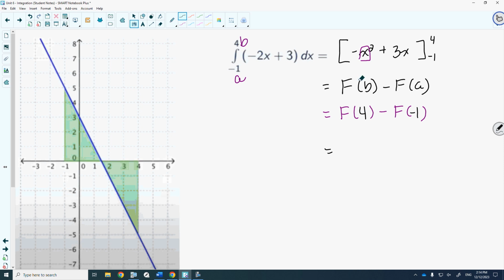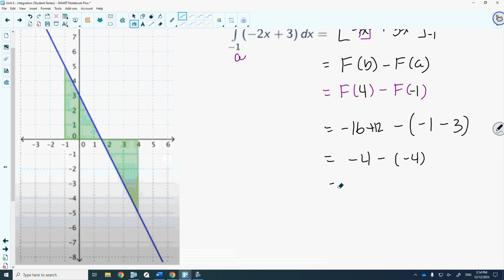Okay, so f of 4 is going to give us negative 16 plus 12, minus f of negative 1, which will give me negative 1 minus 3. That will give me negative 4 minus negative 4. Negative 4 plus 4.